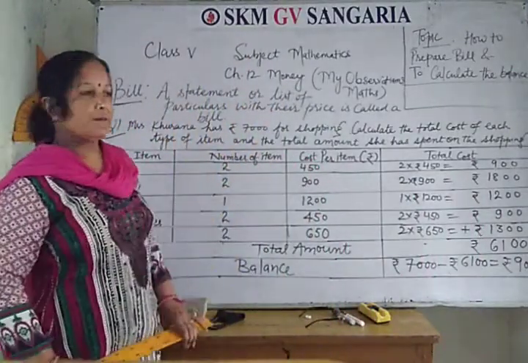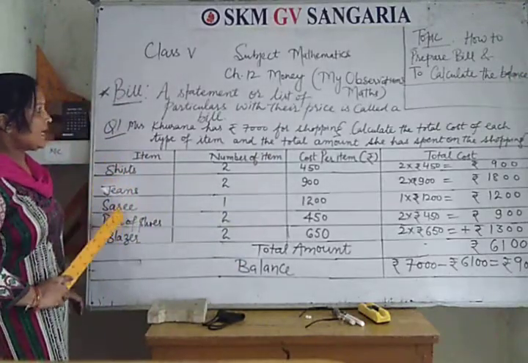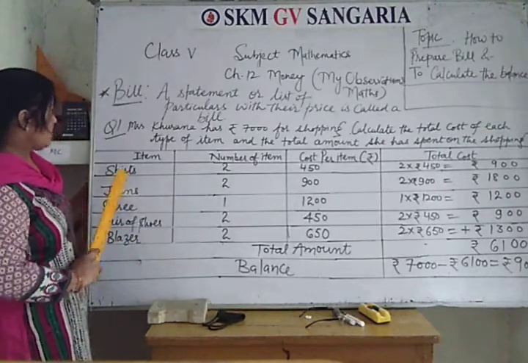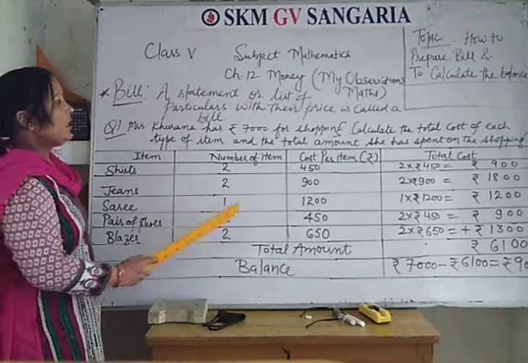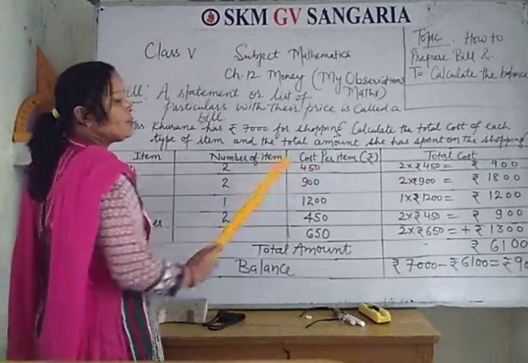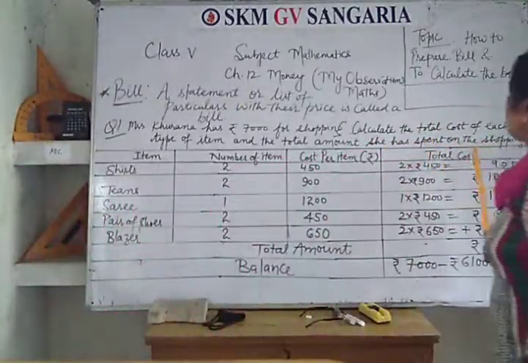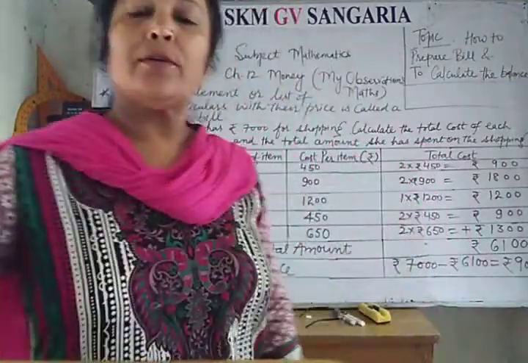Here these items are the particulars. The number of items is given, the cost per item is given, and the total cost.